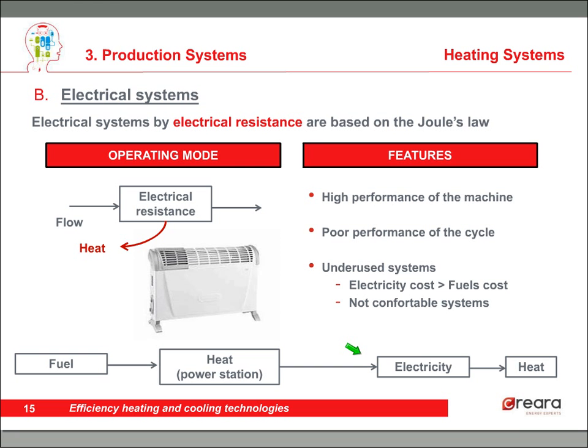And when it arrives at our houses or our offices, and we put it inside this type of system, we're going to make heat again. So we are repeating things here, and we're losing energy and obviously efficiency in the process. So that's why we talk about poor performance of the cycle.